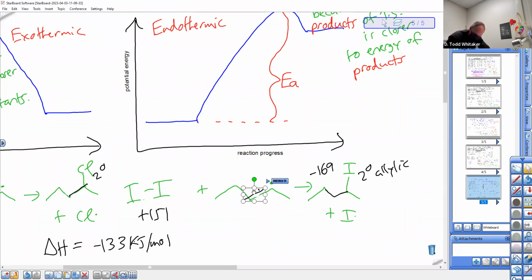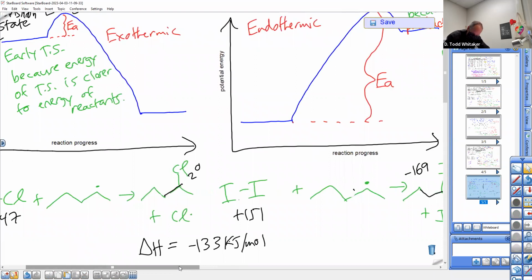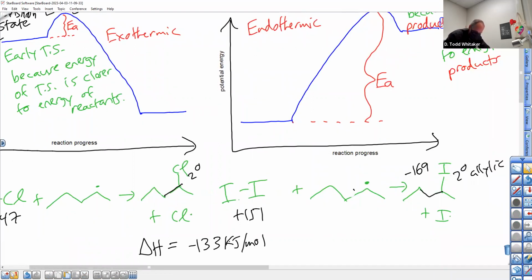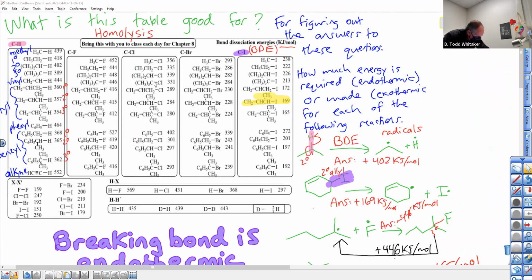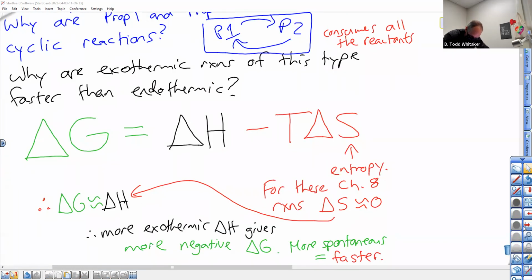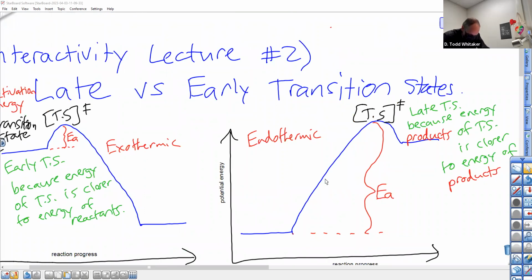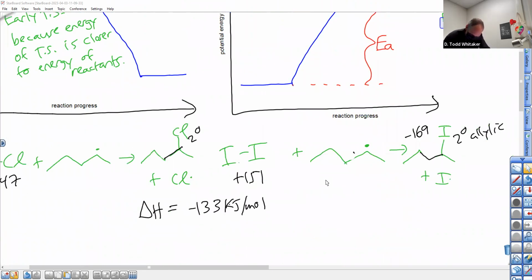Okay. Secondary CCl, secondary CI. I didn't go all the way back, did I? CCl secondary, negative 339, negative 226. Still exothermic. I made it worse.